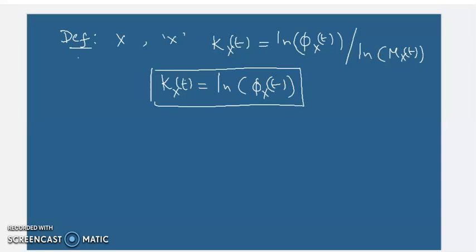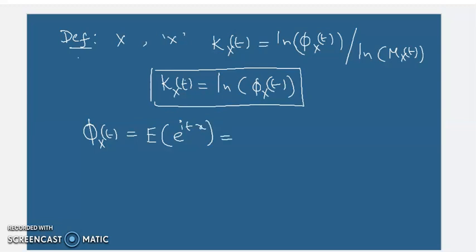We know that the characteristic function phi_X(t) can be defined as E of e^(itX), the expected value of e^(itX). This is the definition of the characteristic function phi_X(t).